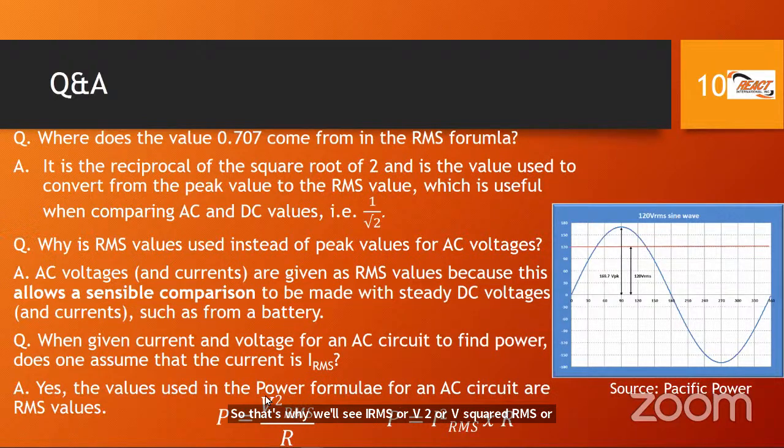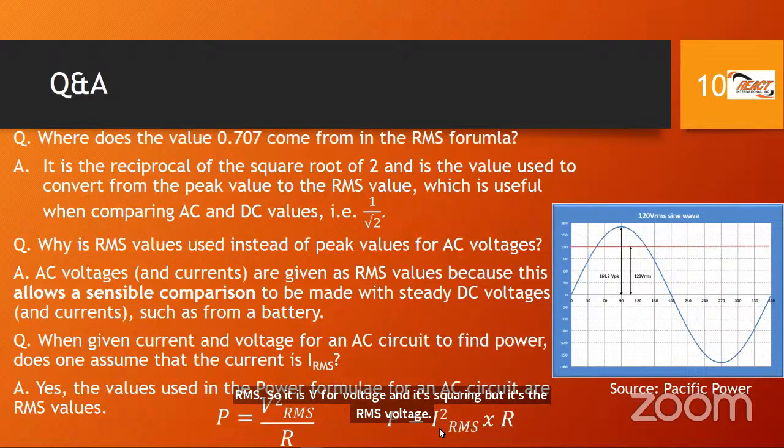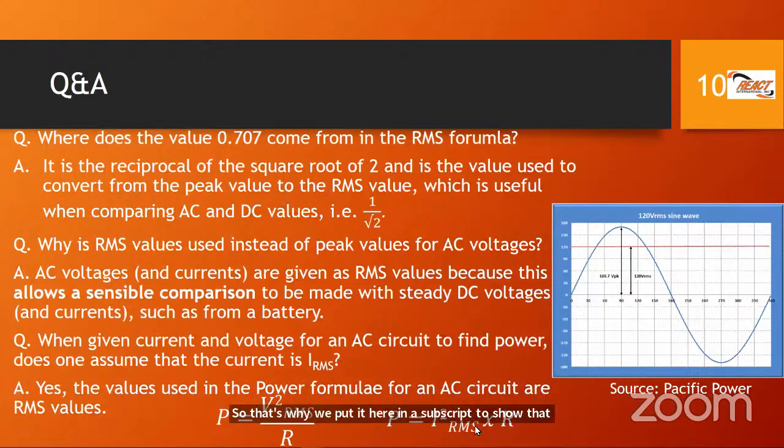It indicates that the V, with the subscript RMS, is V for voltage, and it's squaring, but it's the RMS voltage. We put the subscript to show that the current is RMS current and the voltage is RMS voltage. Sometimes we leave it out, but for our purposes we need to know that it's RMS values indeed.